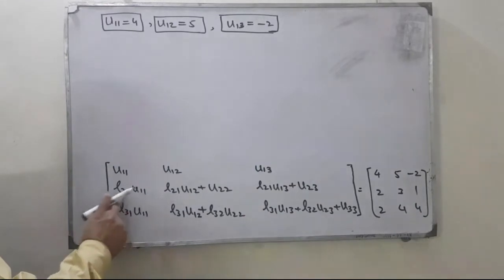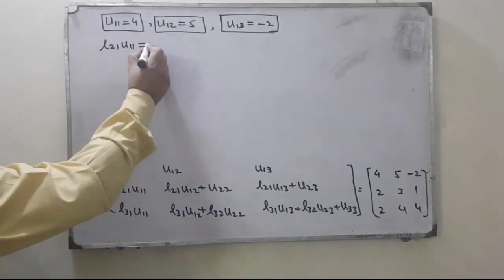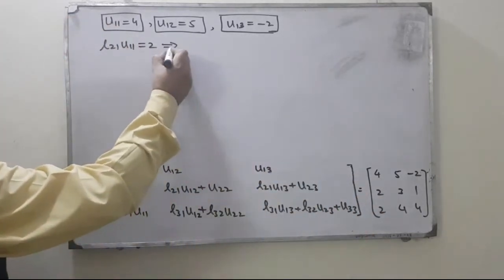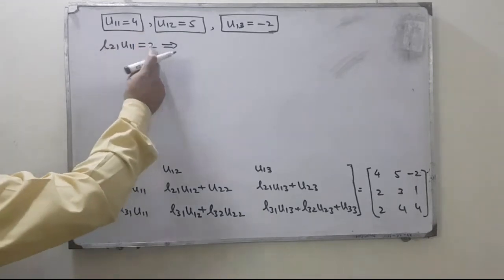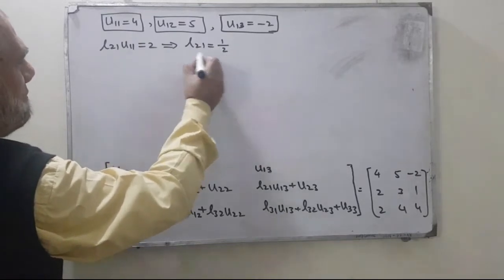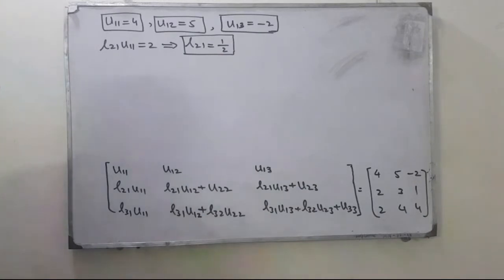Now we come to this entry. L21 U11 equals 2 from here. Substituting the value of U11, which is 4, and shifting it to the right side gives L21 equals 1 by 2. So we got one more unknown.